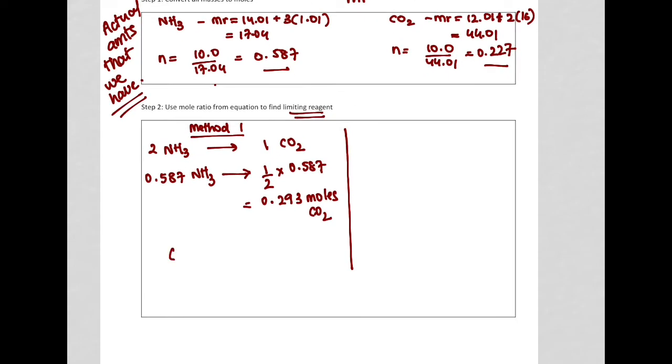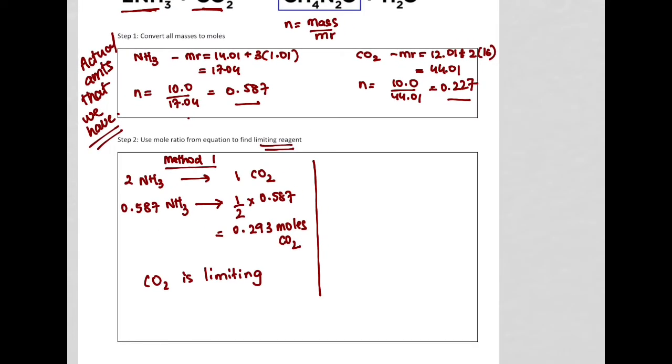So here carbon dioxide is limiting, because when you look at the number of moles of carbon dioxide that you actually have, this is less than what you are going to need to have the ammonia to react completely. So this is one way of looking at it.